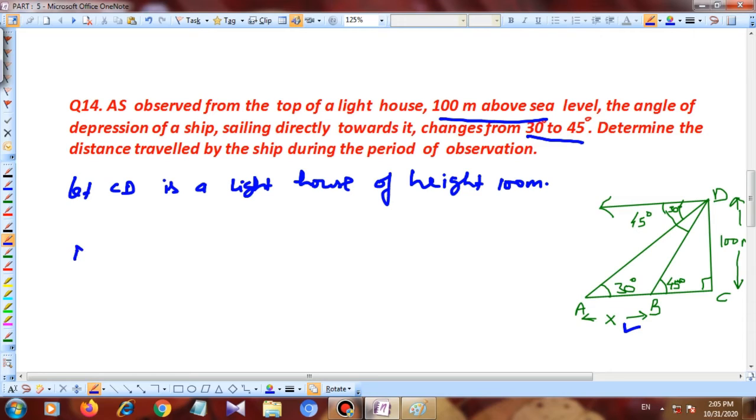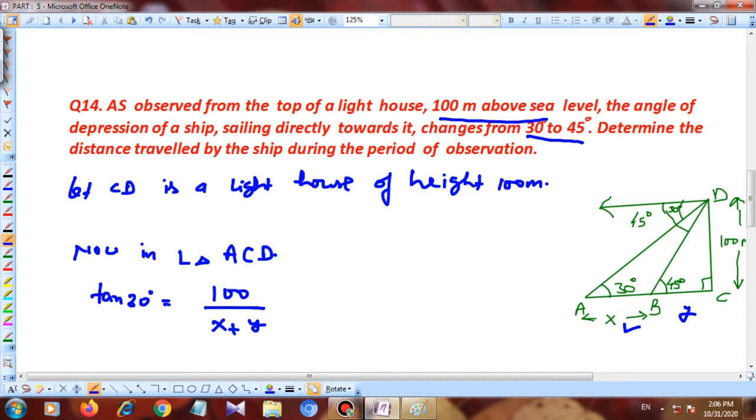Right? Now in right angle triangle ACD, here tan 30 equals 100 upon x plus, suppose BC is y, so this is x plus y.